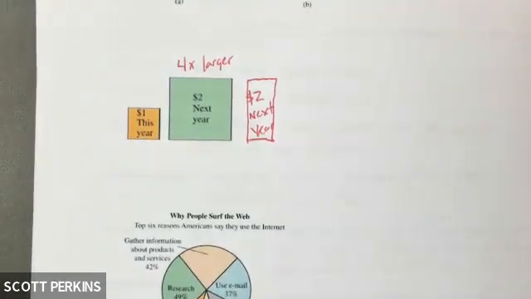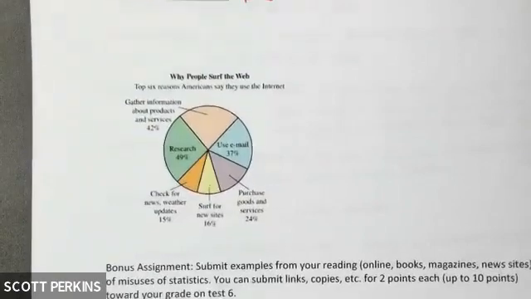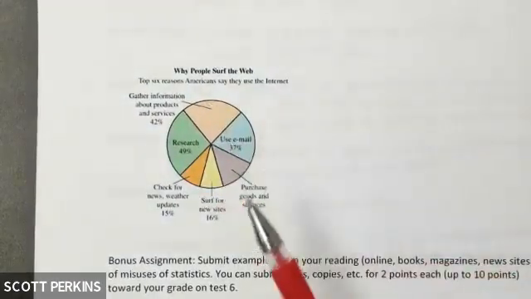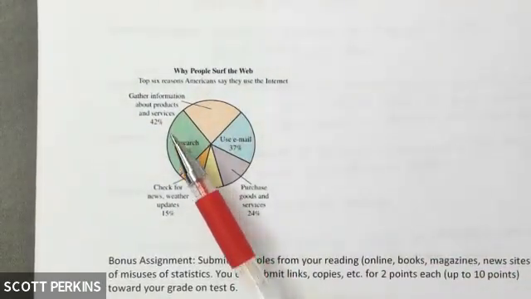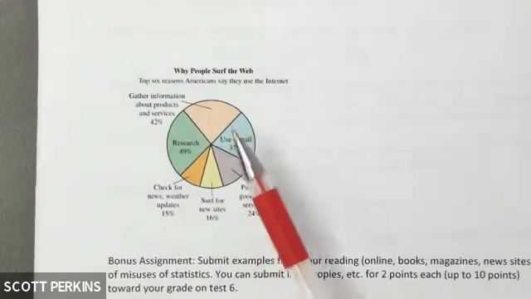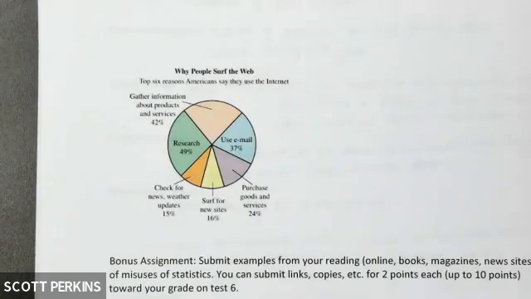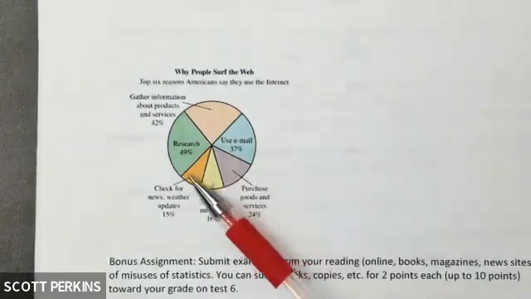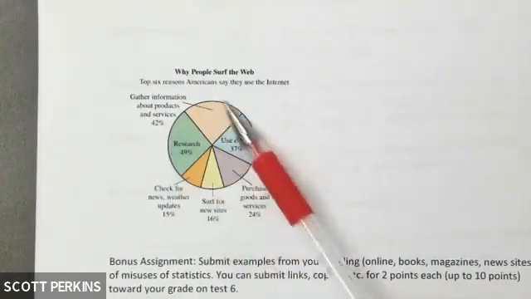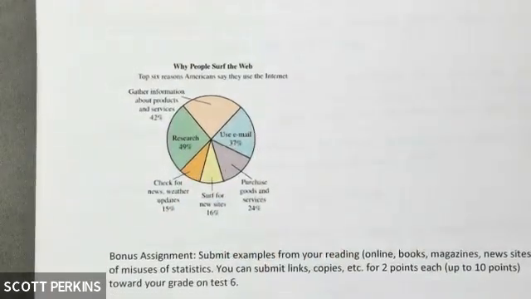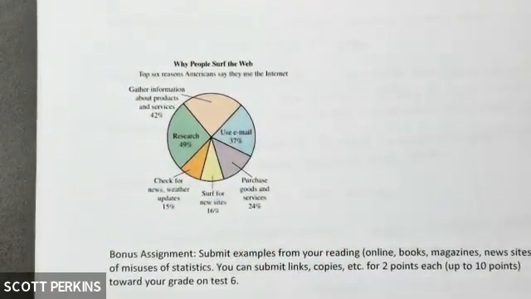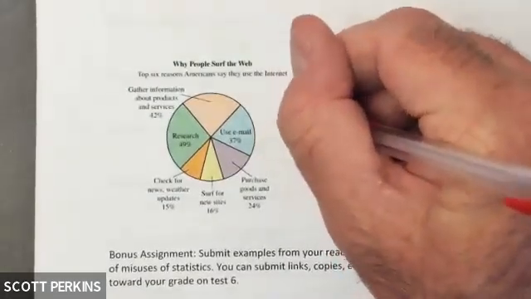So the last bad graph I've got here is this one. We've got a pie graph, and pie graphs tend to be labeled with percents in them. When you draw it, each piece of pie is supposed to represent that percent. When you have a circle like this, what should all the percents add up to? Yeah, 100%, a whole.